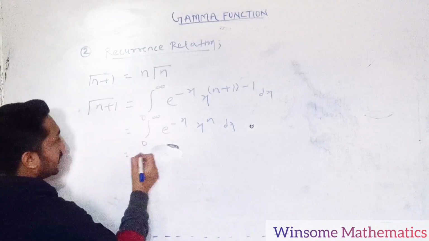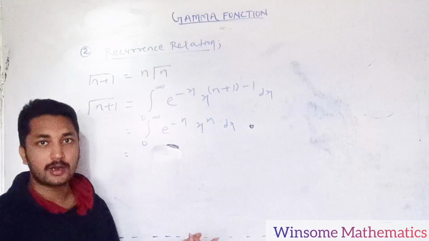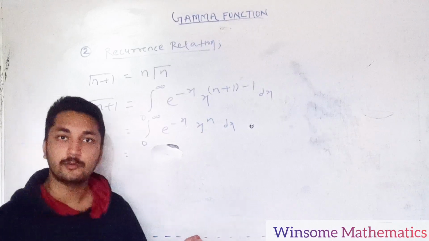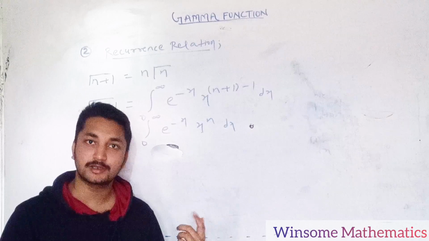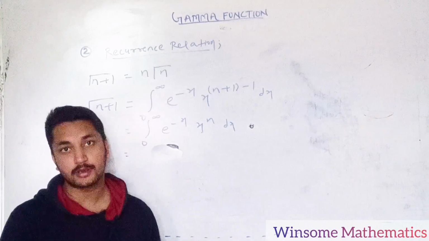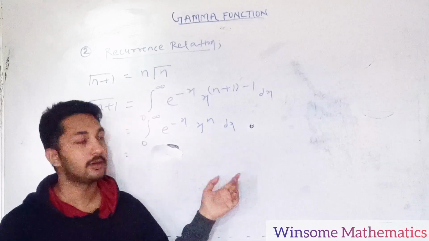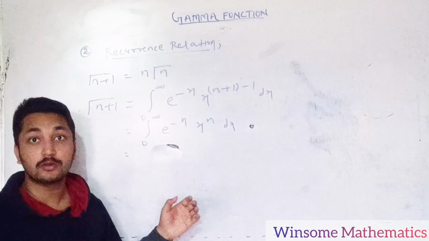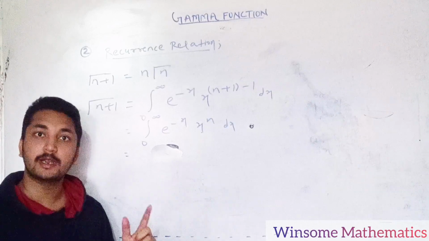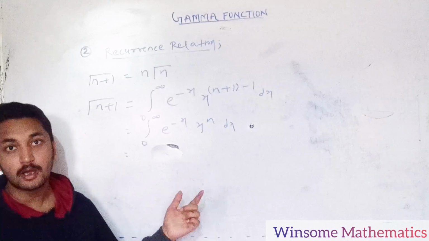So now e to the power minus x, x to the power n, we will simply do by parts here. Which term will we consider as first function and which as second function? Simple: whose derivative is simple as compared to the other, and whose integration is simple. Whose integration is simple, we will take it as the second part, and whose derivative is simple we will take it as the first part.